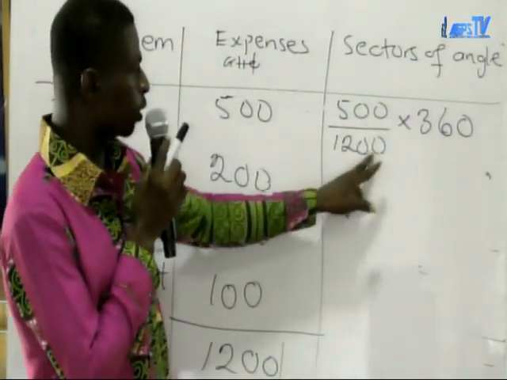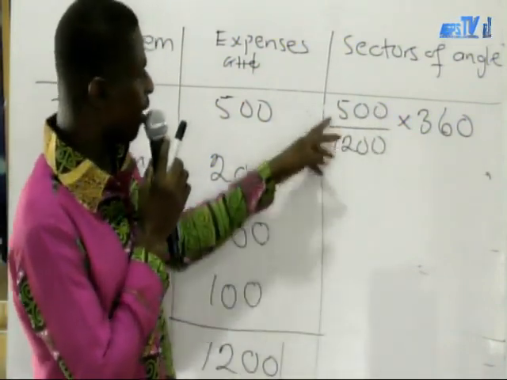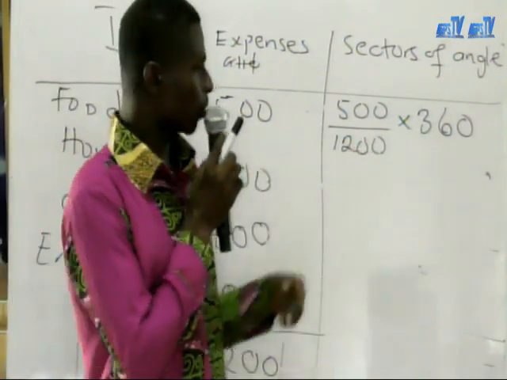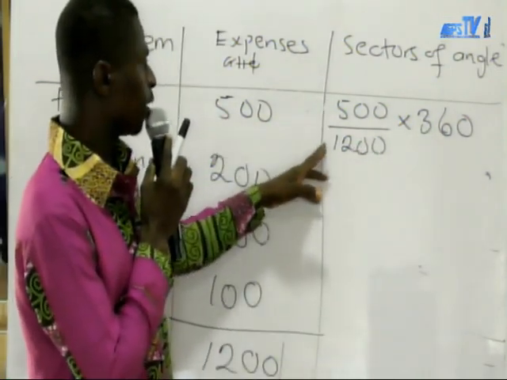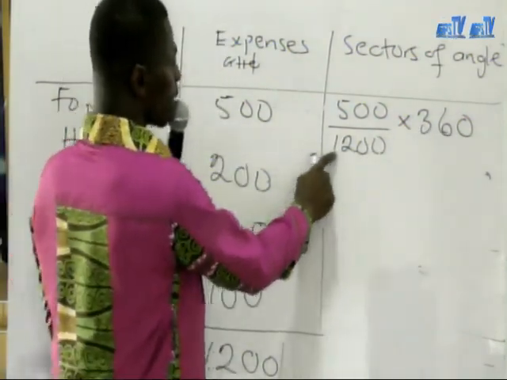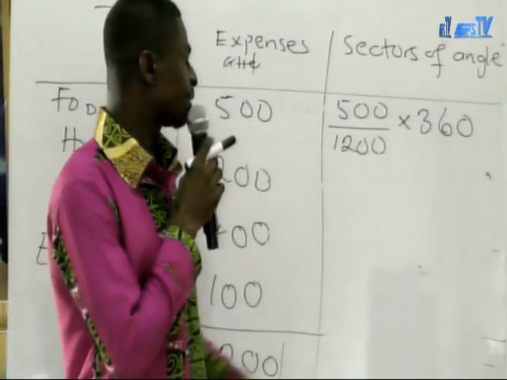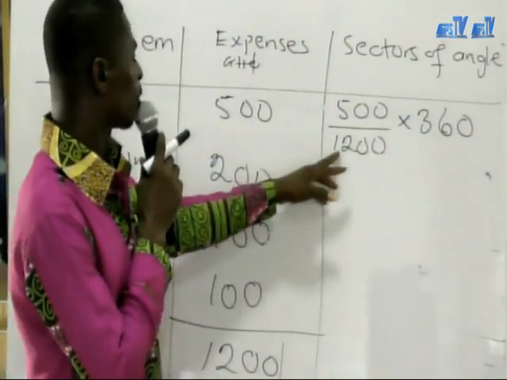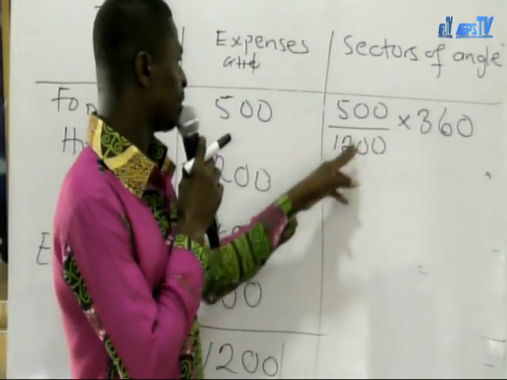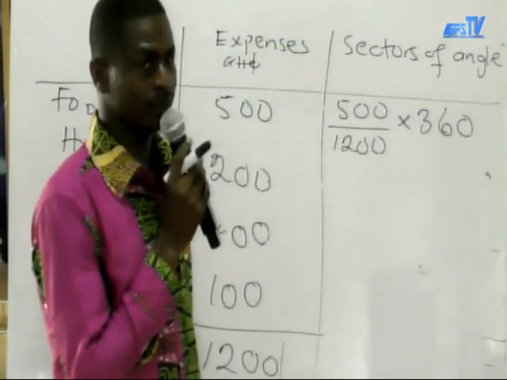So if these two zeros take away these two zeros, then we are left with 5 on 12 times 360. Then 12 will go into 360 30 times.